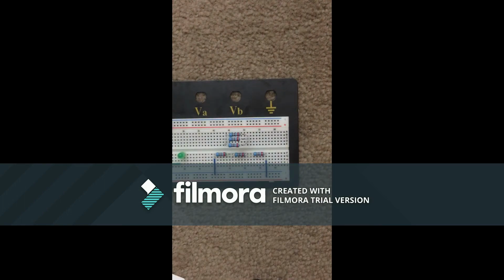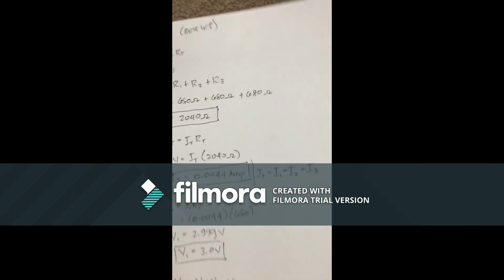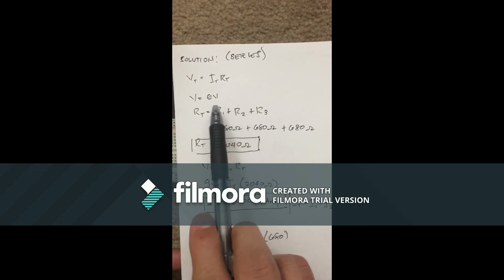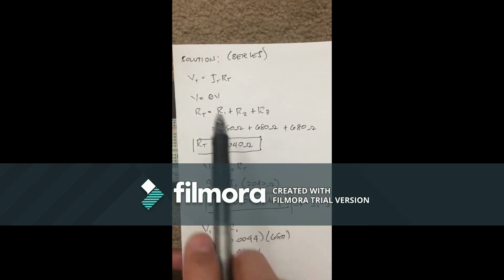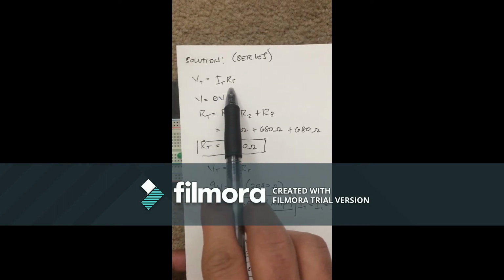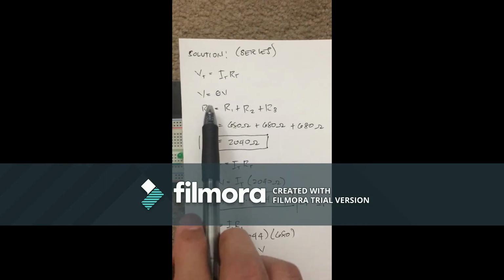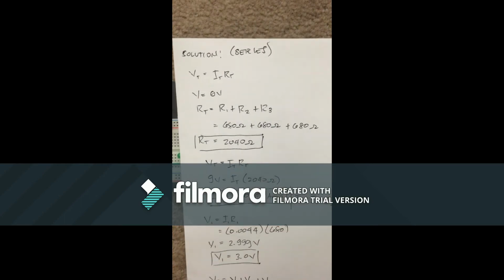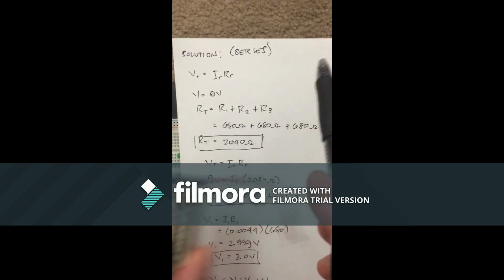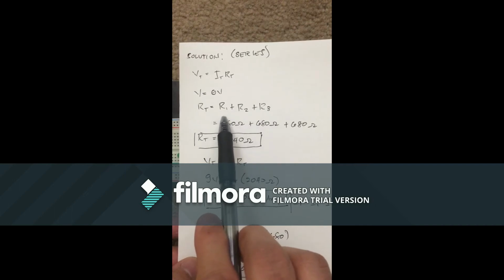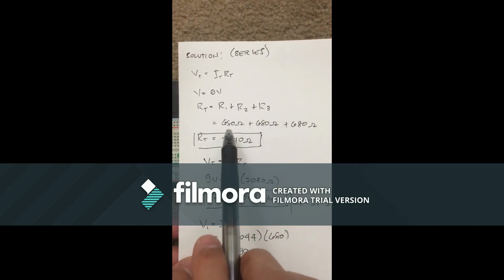So we already have a computation for that, and here we have it. For the solution for the series circuit, V total is equal to I total times R total. The voltage rating for our battery is 9 volts, and R total is the summation of R1 plus R2 plus R3.